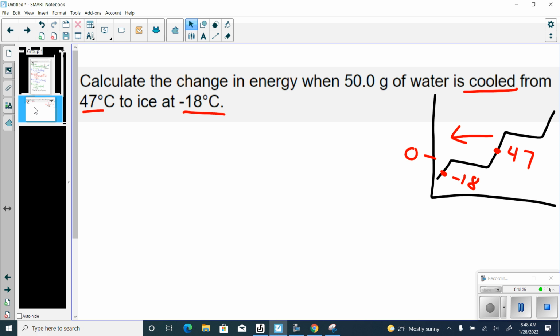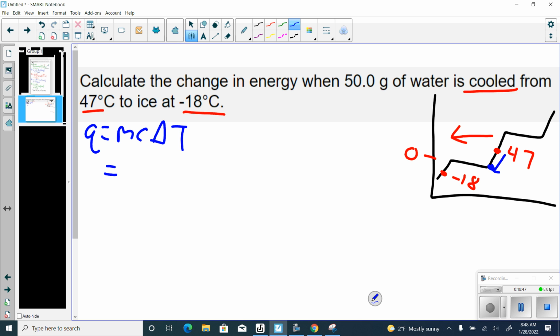All right, so let's do this problem. Step number 1, I'm going to go from 47 degrees down to 0. The mass in this problem is 50.0 grams. The C value of liquid water is 4.184. And here's where we have to start to be careful.